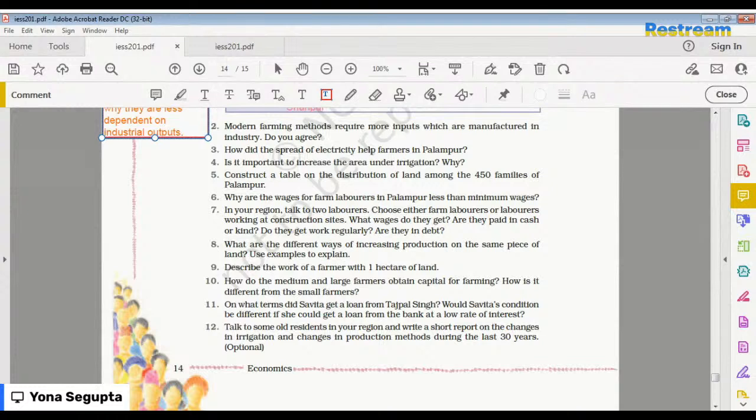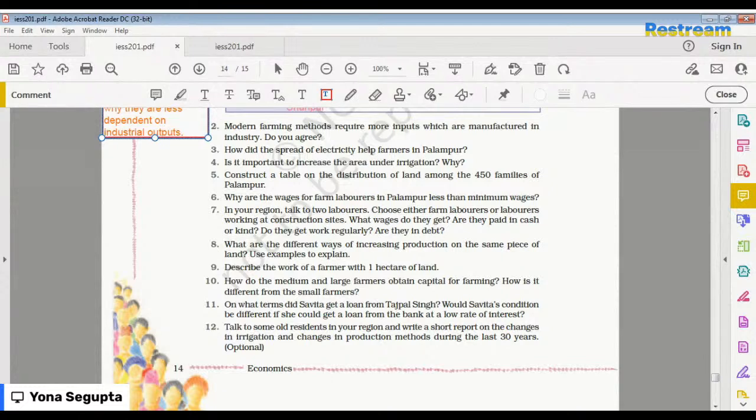Now the spread of electricity helped the farmers of Palampur as it helped in the transformation of the irrigation system of the village. The farmers earlier used Persian wheels to draw water from wells and irrigate small fields.